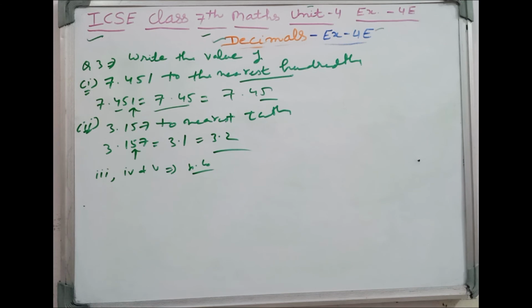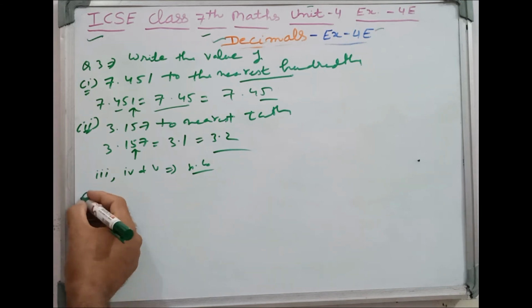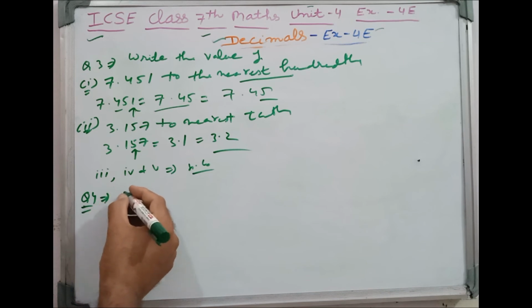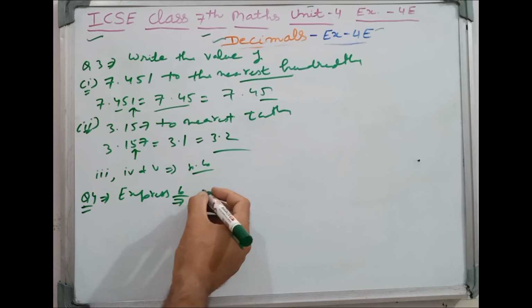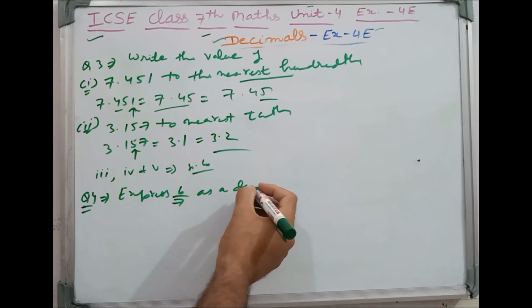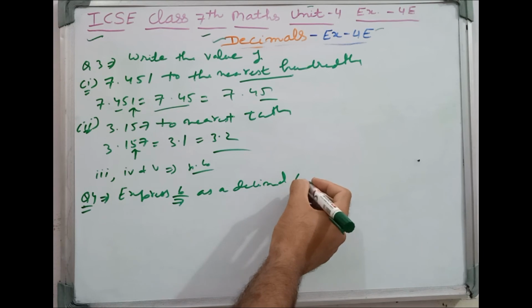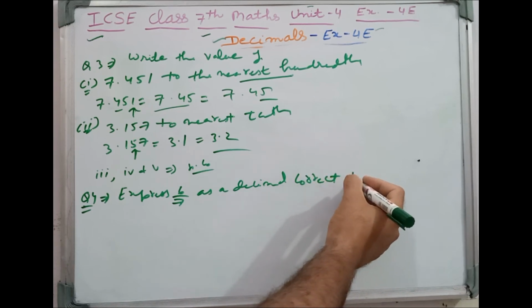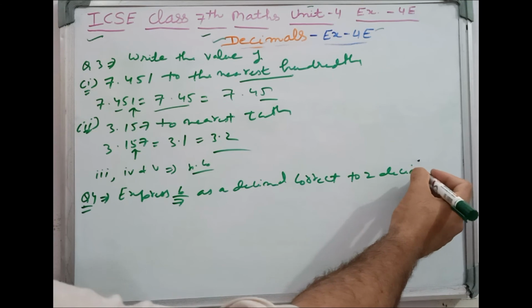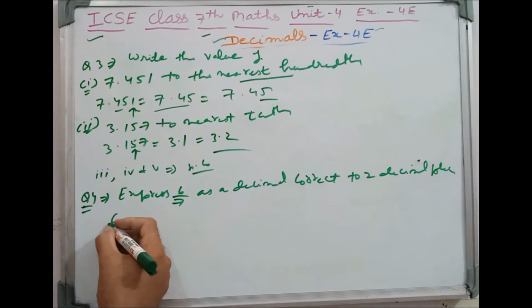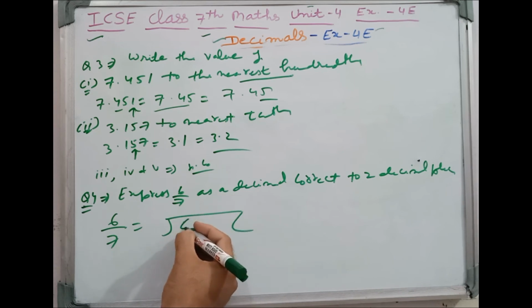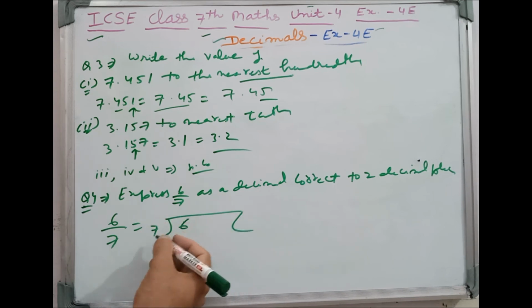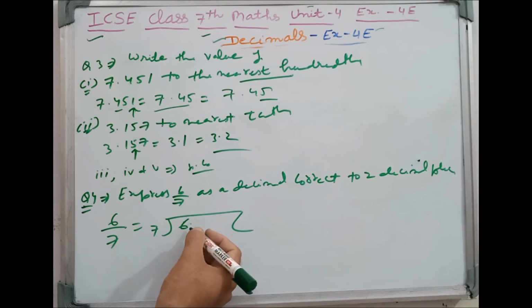So question number 4, what it says is express 6/7 as a decimal, correct to 2 decimal places. So we will perform long division here. Divide 6 by 7. 6 is smaller than 7, so we make it bigger by putting a decimal and 0.